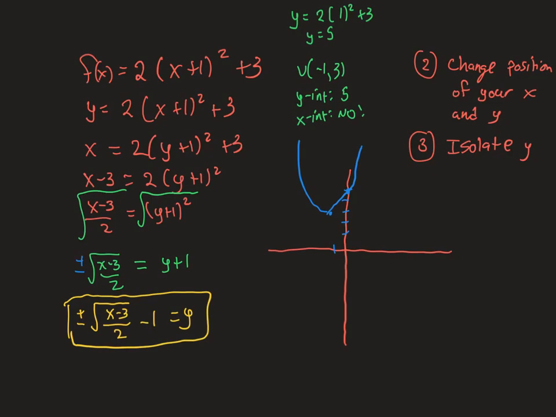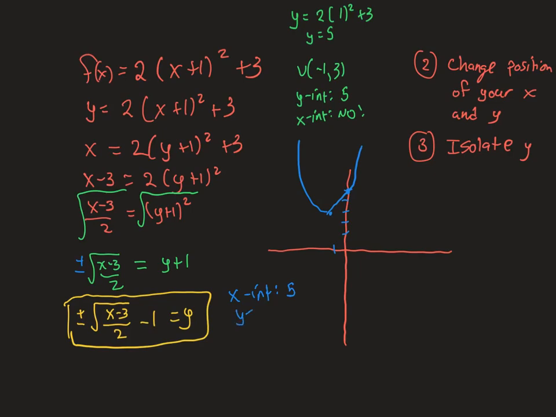On the other hand, if I tried to graph my other function here, my plus or minus square root of (x minus 3) over 2, minus 1, do I have an x-intercept here, or a y-intercept? Now, the best thing about doing inverses is that the inverse switches your x with your y. So, whereas before my y-intercept was at 5, now in the inverse, the x-intercept is at 5.